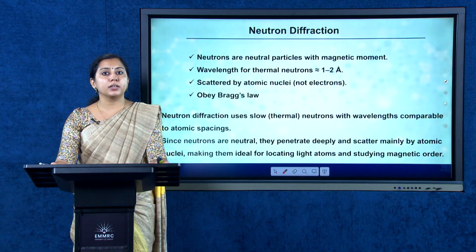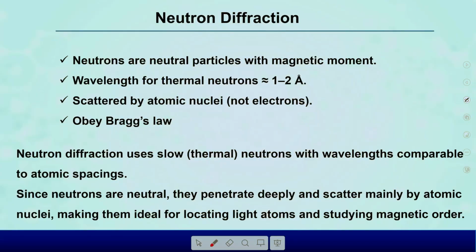Neutrons are neutral particles, but they possess a magnetic moment. The wavelength of thermal neutrons, that is neutrons slowed down to thermal velocity, is approximately 1 to 2 angstrom, which is comparable to the spacing between the atomic planes.